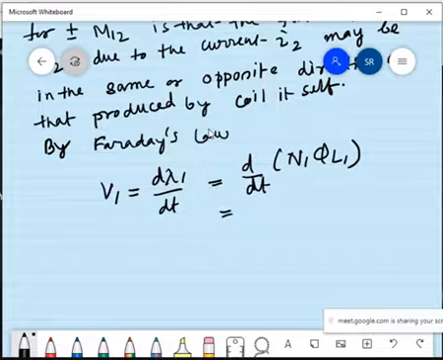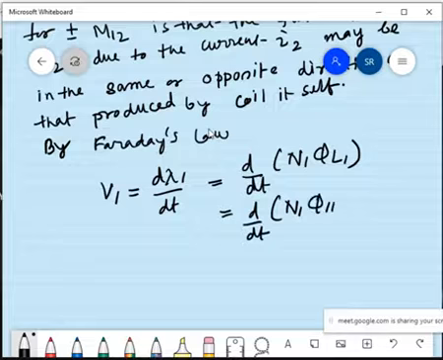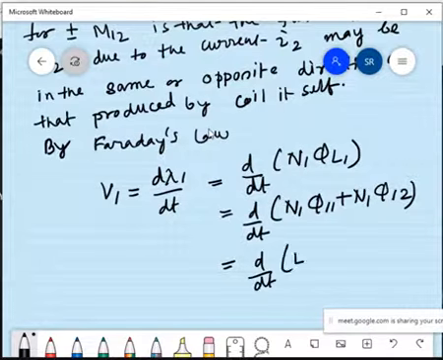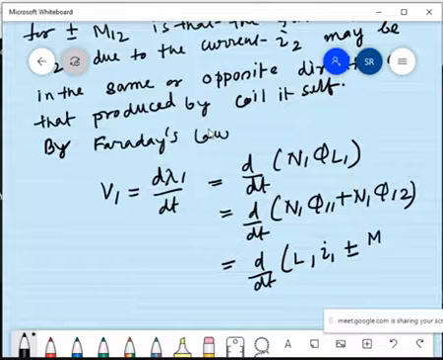Now, phi L1 we know is N1 phi 1 1 plus N1 phi 1 2. So this is equal to d/dt of L1 I1 plus or minus M12 I2.